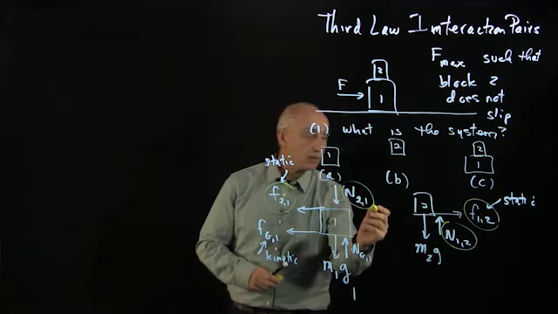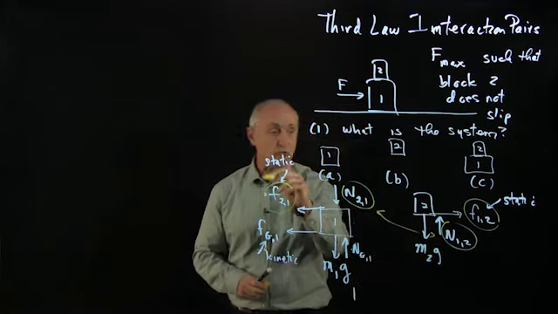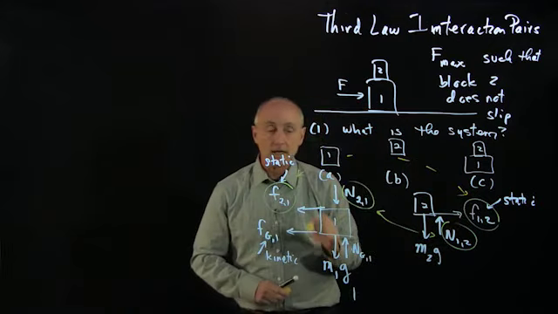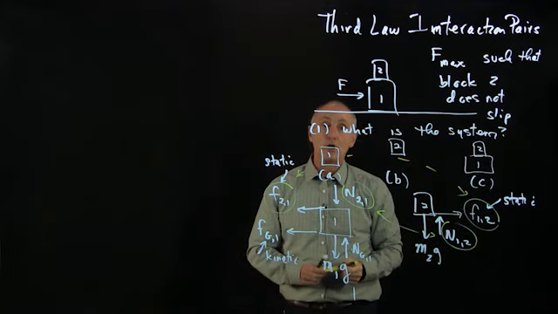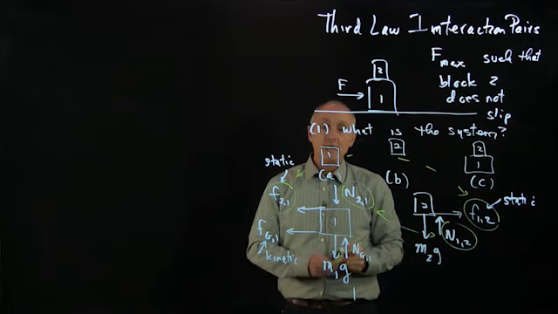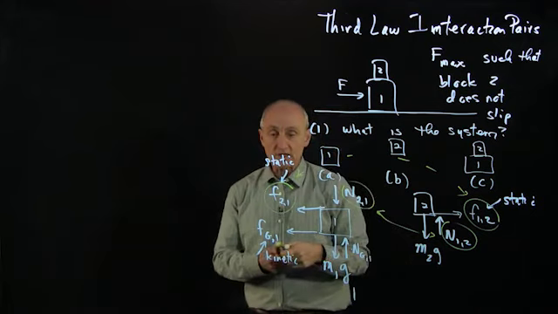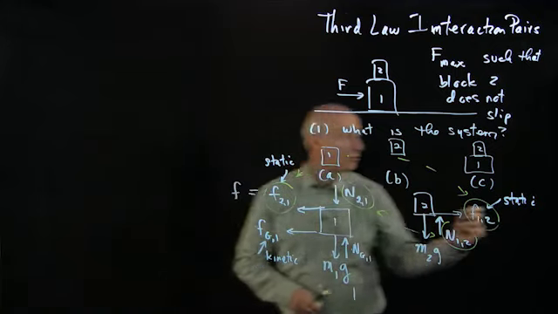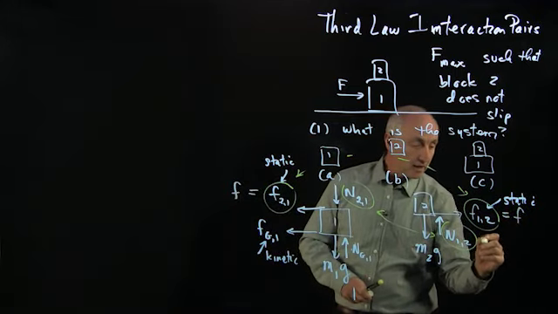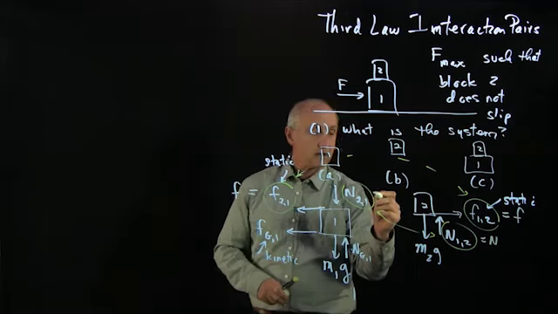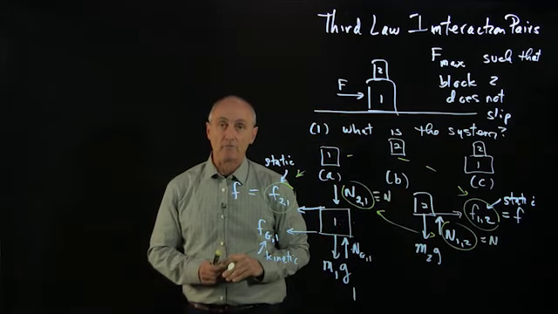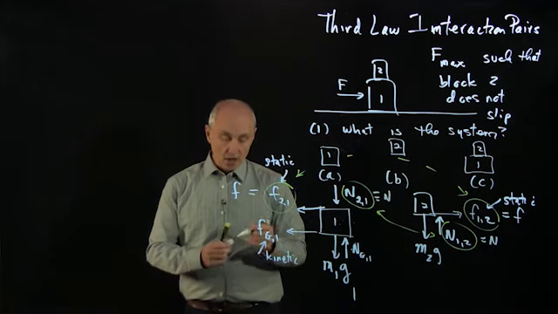So in this problem, we have 2 third law pairs, this one, and I'll connect the line there. And those are the third law pairs. We know by the third law that they're equal and opposite in magnitude. We can call this one F, and we can call this one N, just to save ourselves the problem of writing a lot of indices.